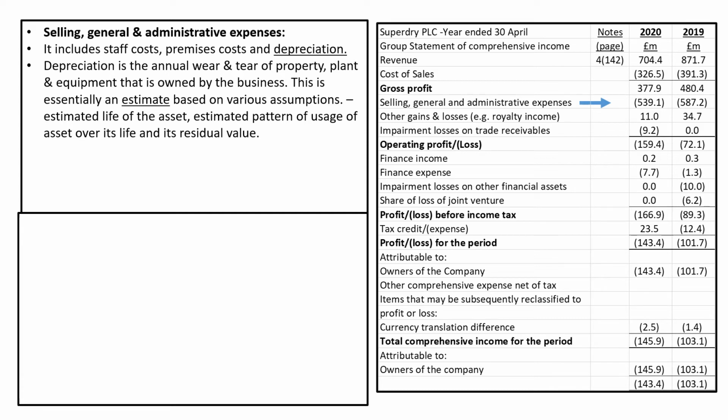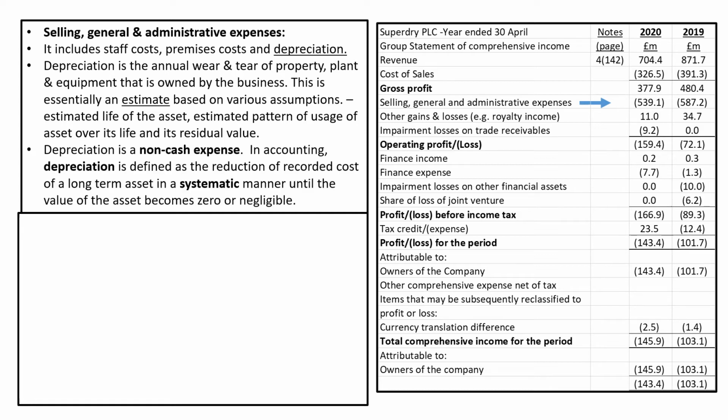This is essentially an estimate based on various assumptions: the estimated life of the asset, the estimated pattern of usage of the asset over its life, and its residual value. The important thing to remember is that depreciation is a non-cash expense.